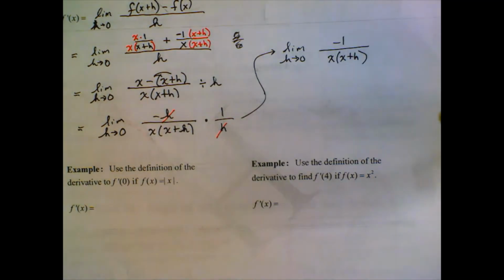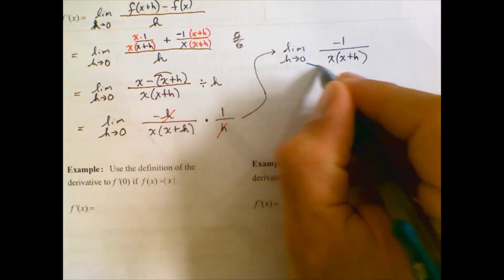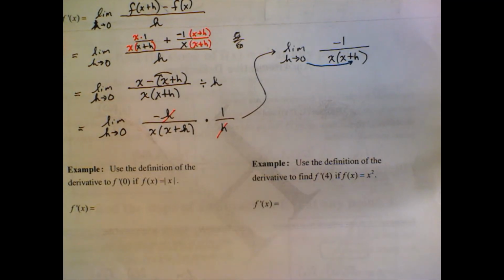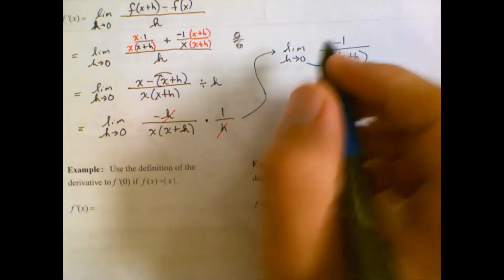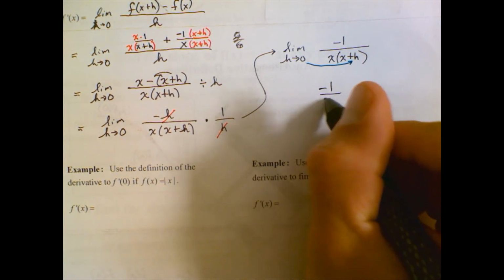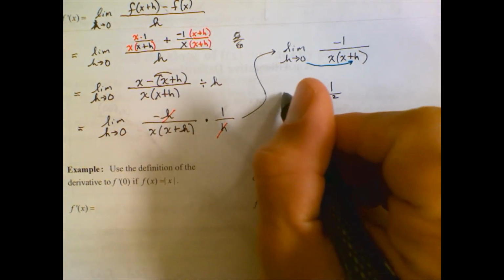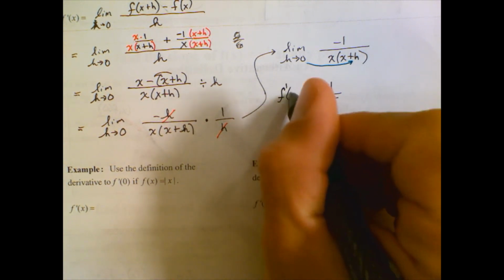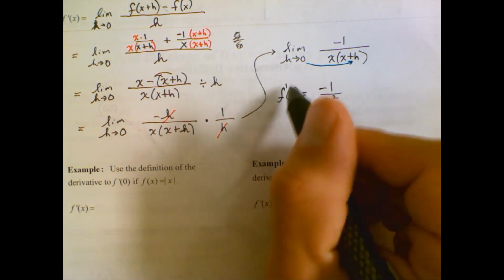So when we drop that h in, or I'm sorry, the 0 in for h, it just gives me x squared on the bottom. So negative 1 over x squared is the derivative. So f prime of x is actually negative 1 over x squared.